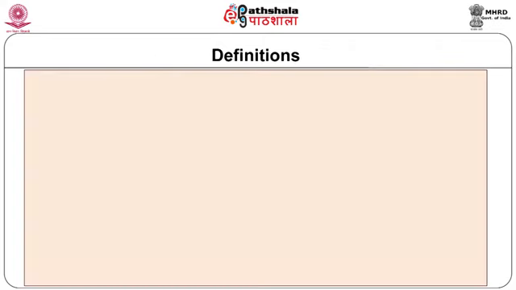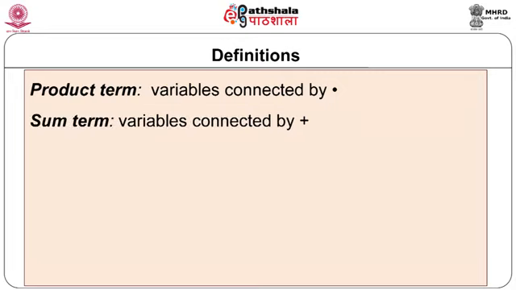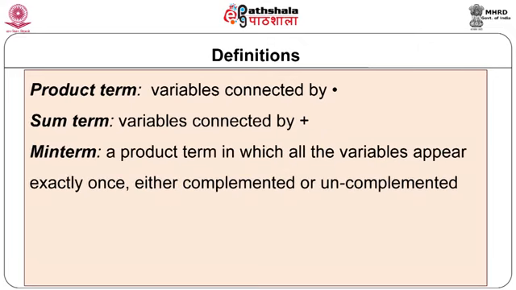Before we discuss, let us first talk about a few basic terminologies. Now, let us get familiar with different terms. The first is the product term. A product term is a term containing variables connected by AND, whereas the sum term contains variables connected by OR gate or OR symbol. A min term is a product term in which all the variables appear exactly once, either in complemented or uncomplemented form.